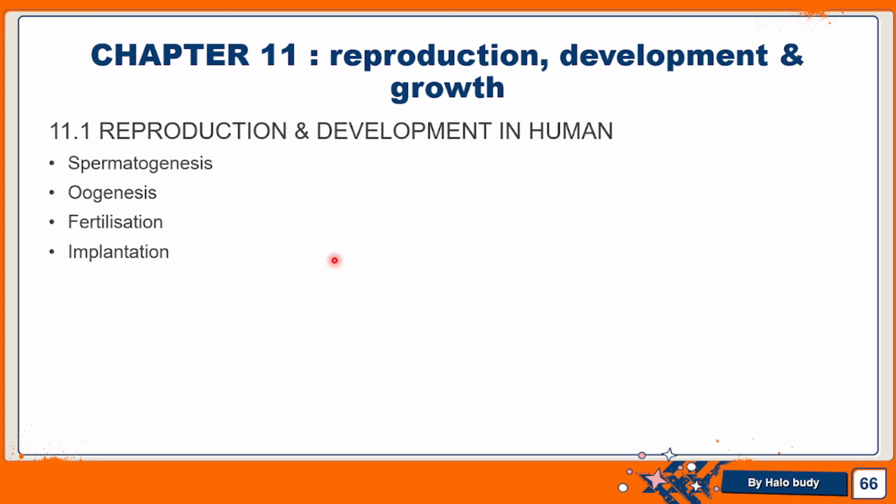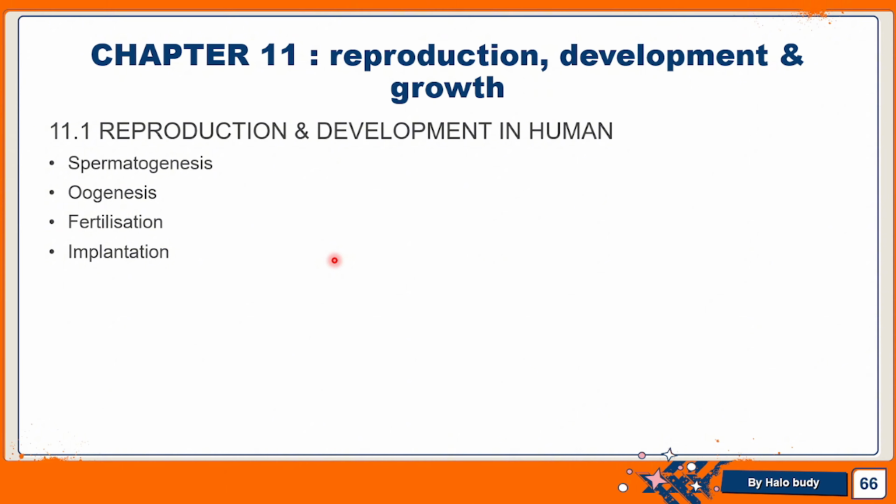Fertilization, you already know that at SPM level you only define fertilization. You know what fertilization means, but you did not learn about the mechanism of fertilization. This is the mechanism, how the sperm can penetrate into the ovum to form the zygote.